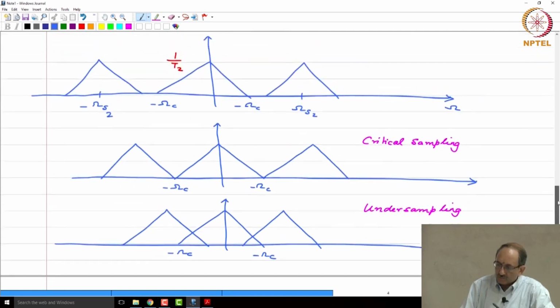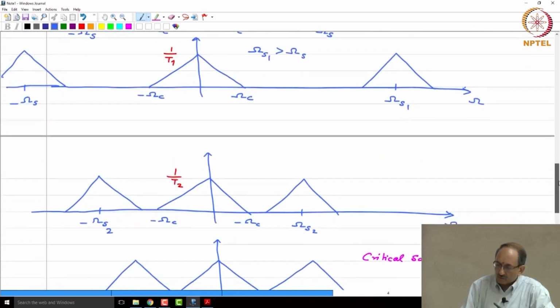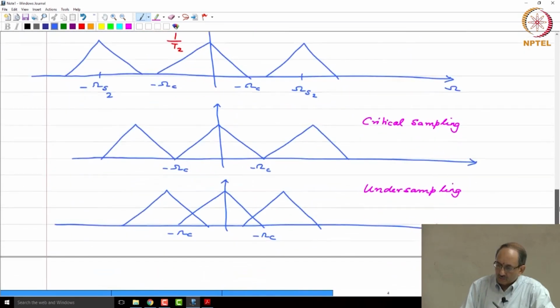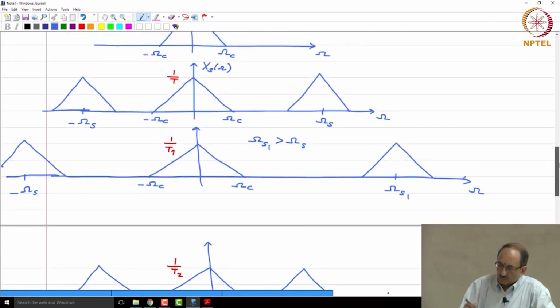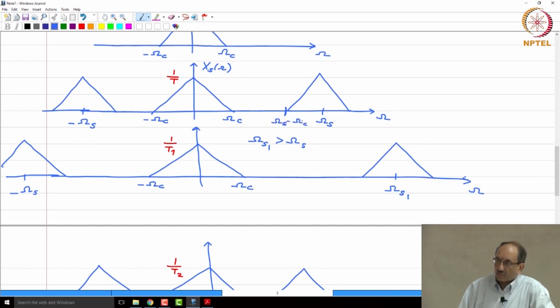So, from this picture you see that this point would be omega s minus omega c, and you want this point to be at best equal to omega c or greater, only then will this repetition occur later.